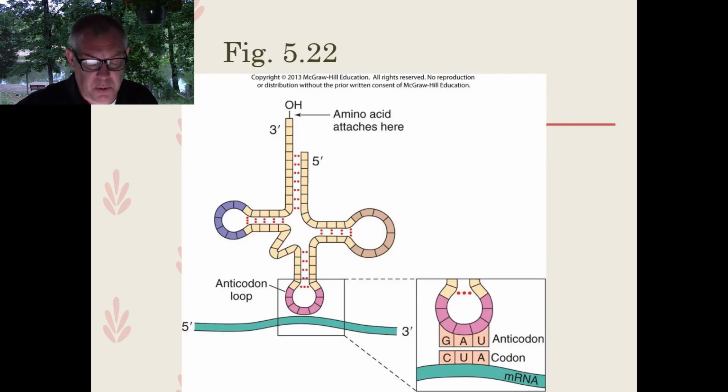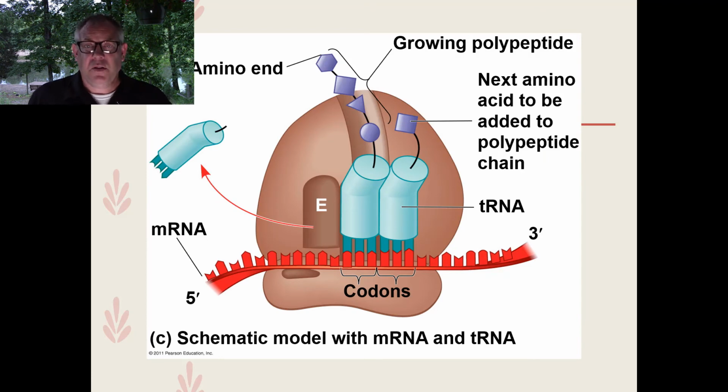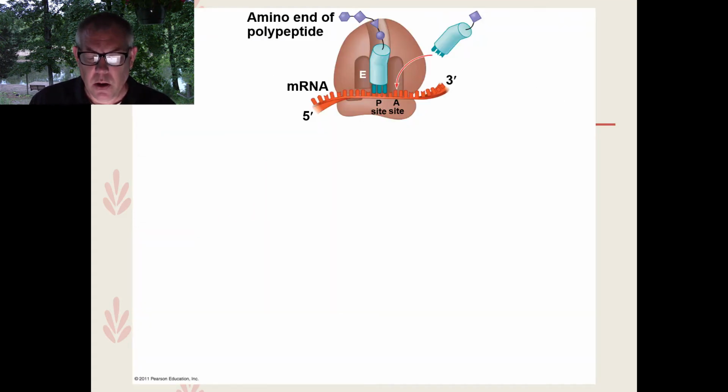Okay, here's a figure from your book, kind of just showing you the same thing. Showing an anticodon and a codon matching up. So here is this diagram again, and you can see the tRNAs and the codons and the anticodons and how they all relate to one another. So again, we can look at the steps here.